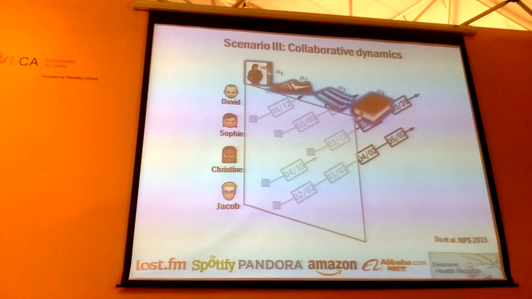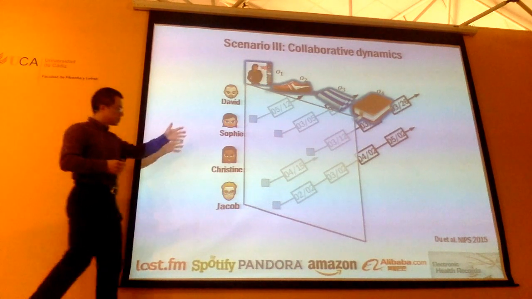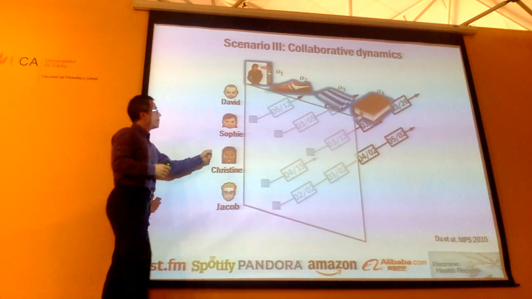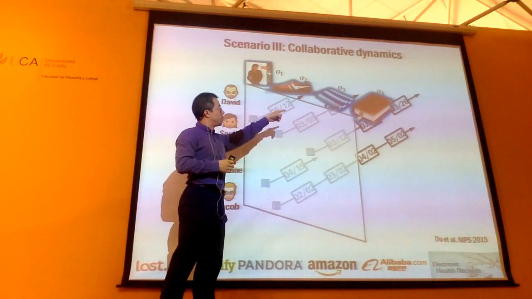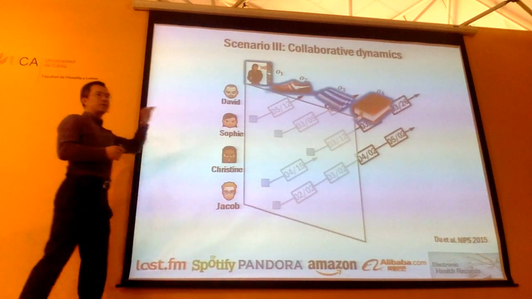So the third scenario happens a lot in all these online shopping kinds of websites. For instance, it doesn't matter whether you go to Amazon or you listen to music in online stores like Last.fm, Spotify, right, or Pandora. So you are essentially collecting lots of user behavior. In this particular case, you have, for instance, 4 users, and they are going to purchase 4 different items.